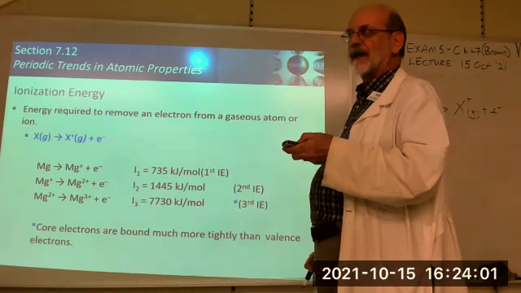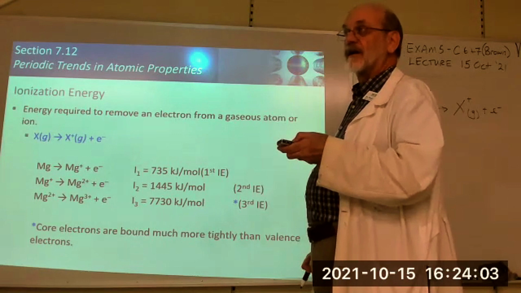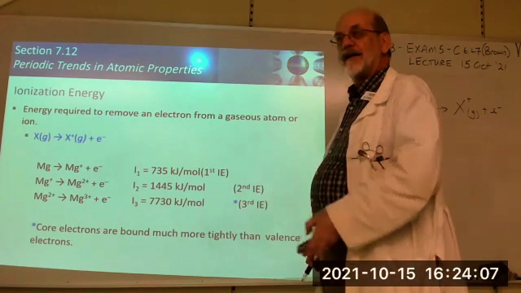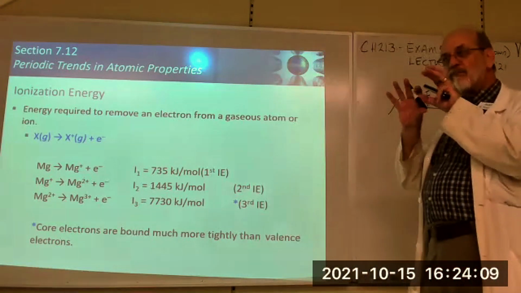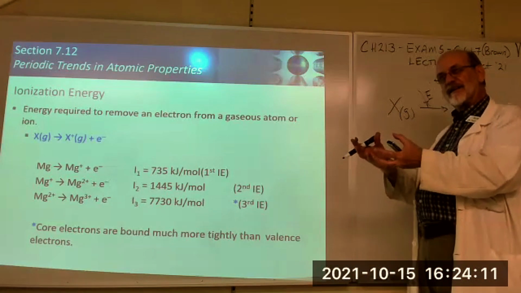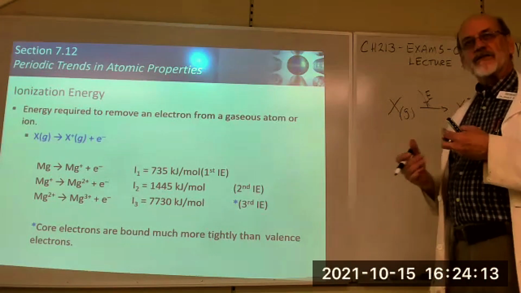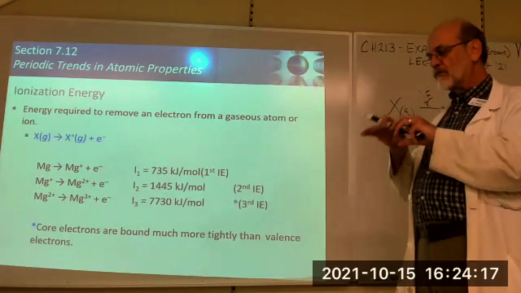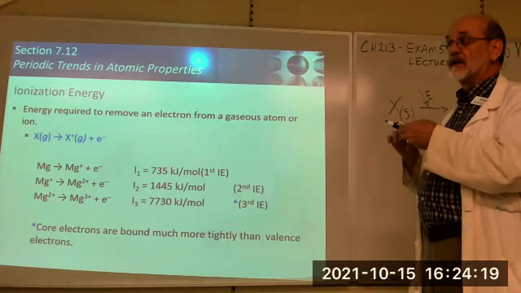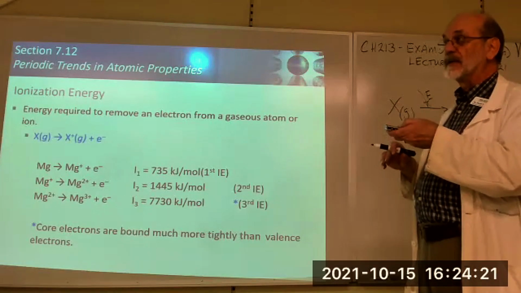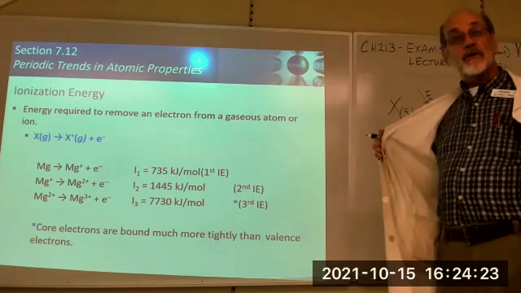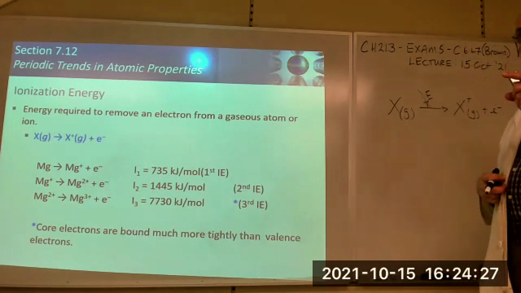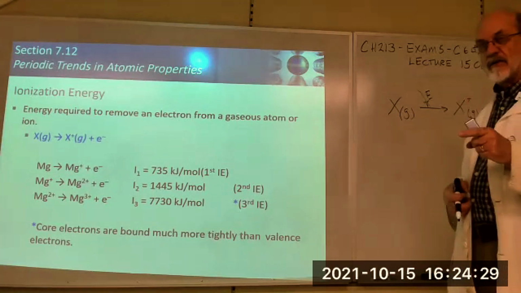Kick off another electron, then it looks like neon. Now you have a complete octet, and octets are desirable. They're very stable. You've got complete s and p orbitals to be neon. So if you're going to try to remove another electron from a stable core, it's going to take a lot of energy.